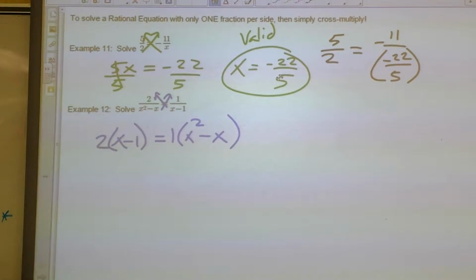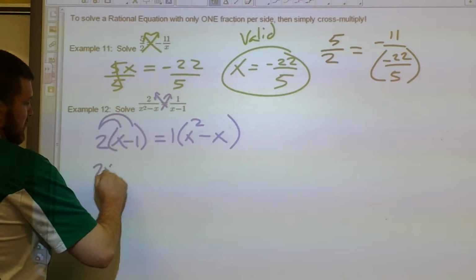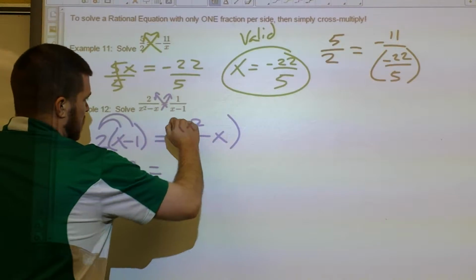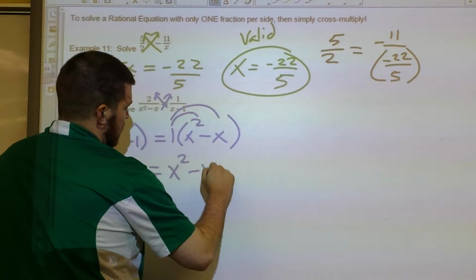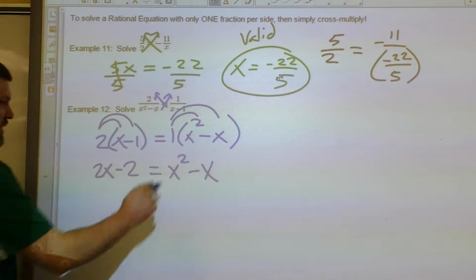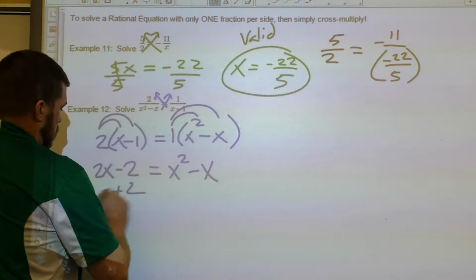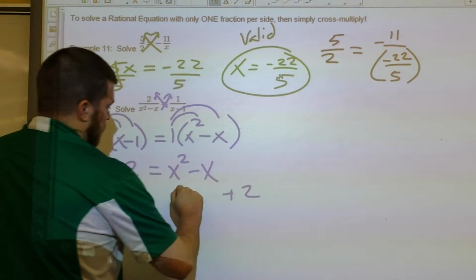No problem there. Now, obviously, I have distributive property on both sides, so I'm going to take care of that. So I have 2x minus 2 equals, distributive property on the right, x squared minus x. Since I have an x squared, what I'm going to do is get everything on the same side. So I'm just going to say plus 2 minus 2x minus 2x.